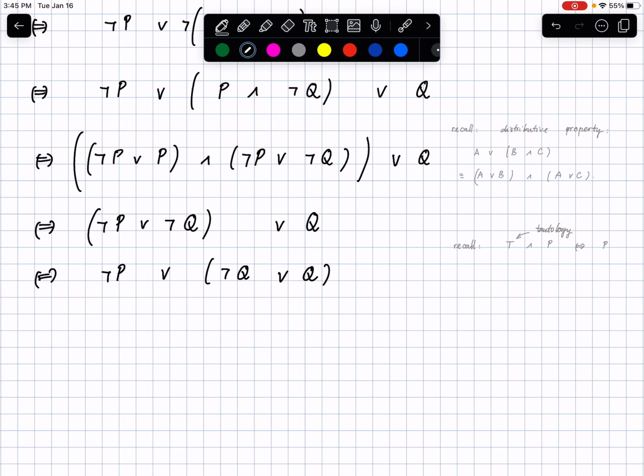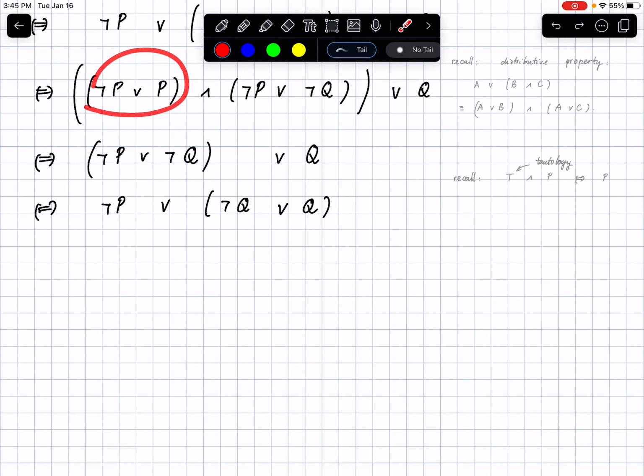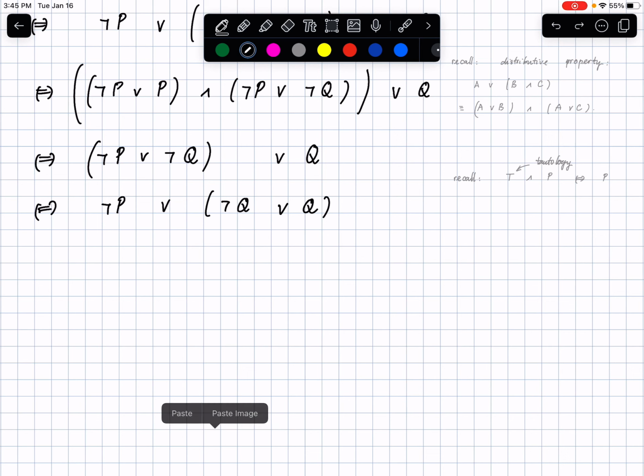Not Q or Q. So here we have not Q or Q, similar to before, which is a tautology, and which makes this one a tautology.